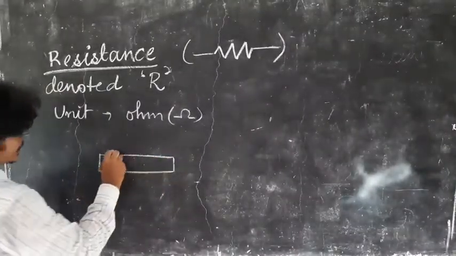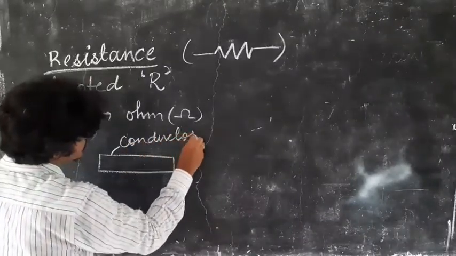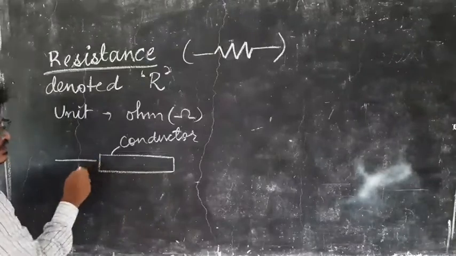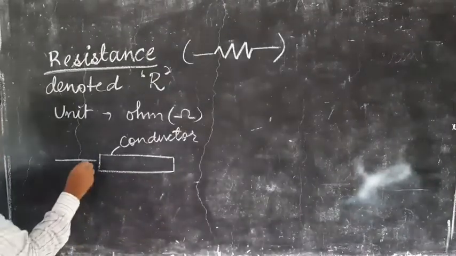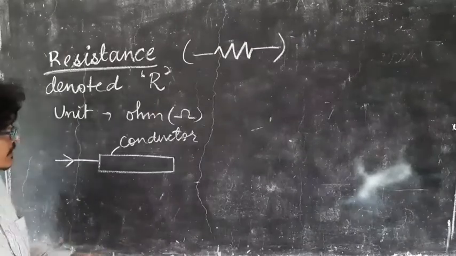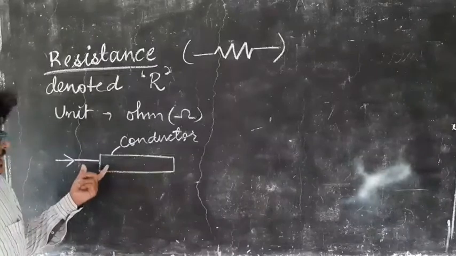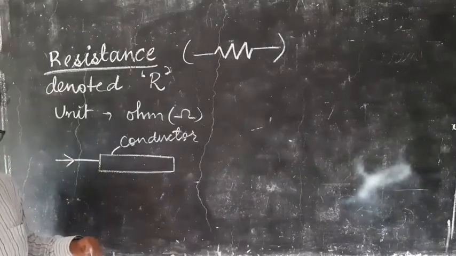Suppose this is some conductor. It is connected to a circuit. So some current is flowing through this circuit. So what will the conductor do? It will oppose the flow of current.